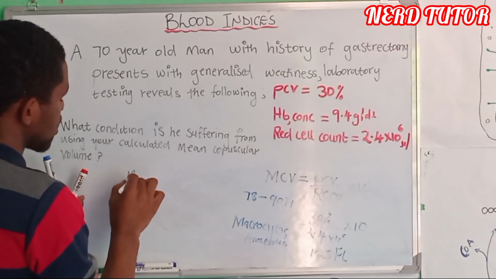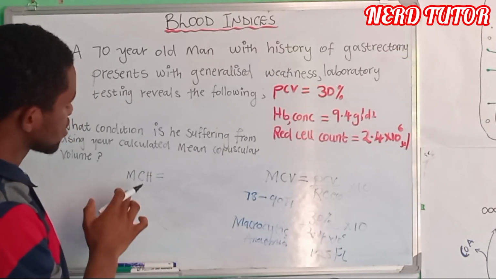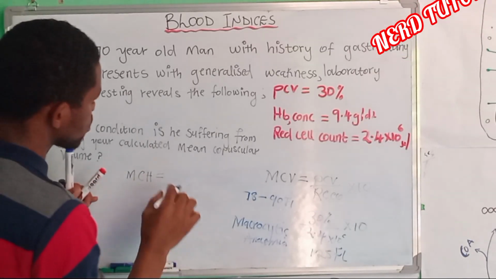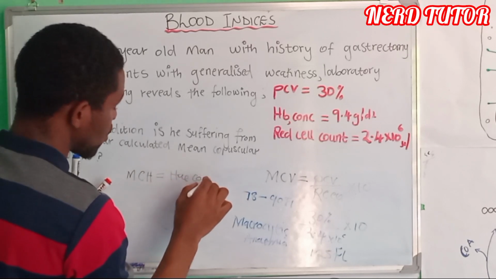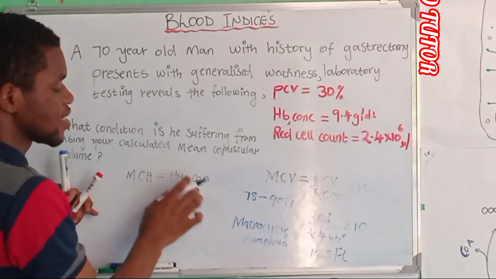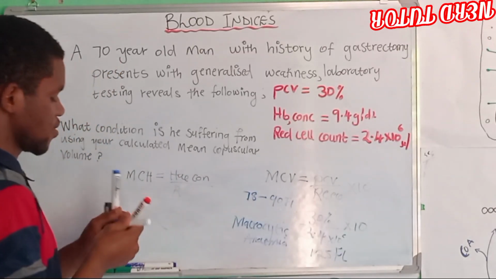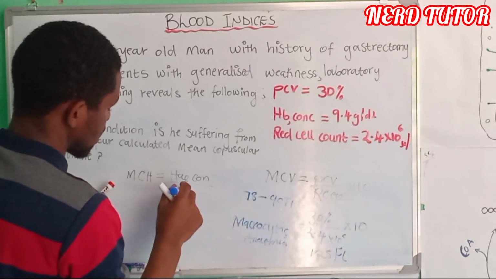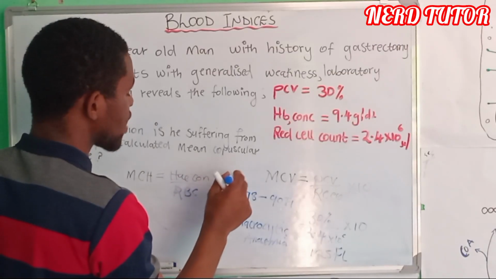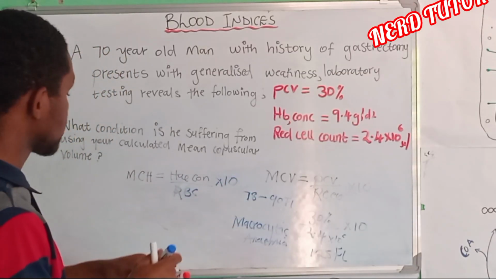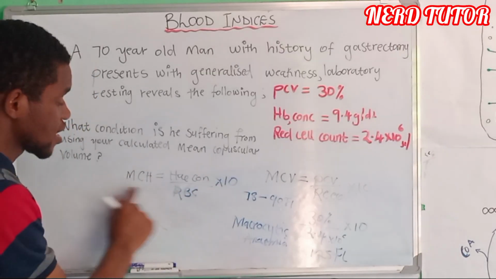So mean corpuscular hemoglobin will be equal to hemoglobin concentration on top over the red blood cell count, okay, like that. And of course, multiplied by 10. So this is how we get to solve the mean corpuscular hemoglobin, or rather just hemoglobin.